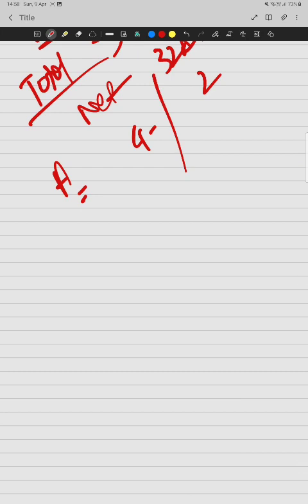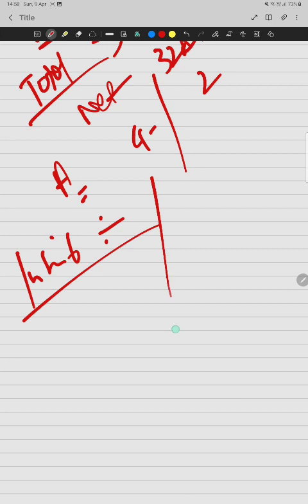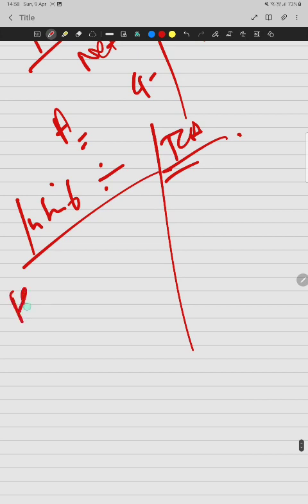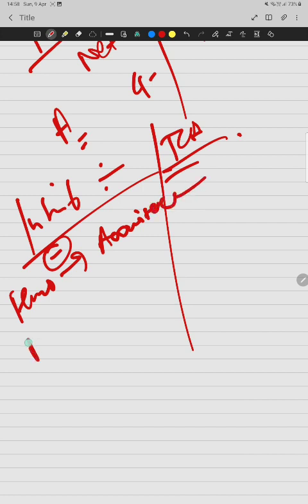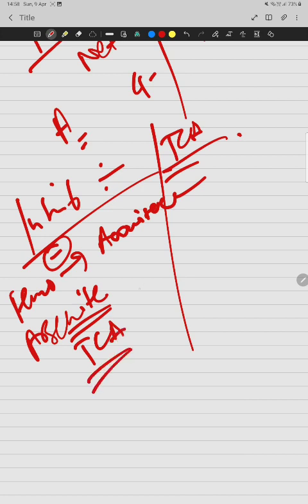So next, coming to the inhibitors of your TCA cycle. The inhibitors of your glycolysis are different, the inhibitors of your TCA cycle are different, and this is where the questions will be coming. See, fluoroacetate is inhibiting your aconitase. Okay, arsenite, so arsenite for your TCA, arsenate for your glycolysis, and this is going to inhibit your alpha ketoglutarate dehydrogenase.